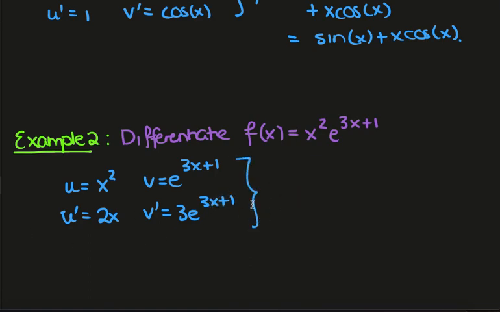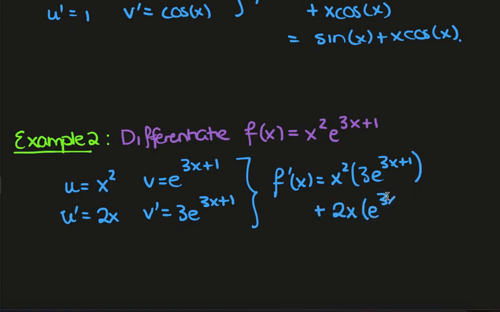And then if we put this into the product rule formula, we find that f prime of x is x squared times 3e to the 3x plus 1 plus 2x times e to the 3x plus 1.